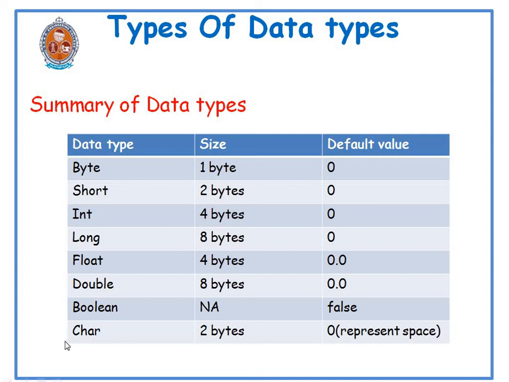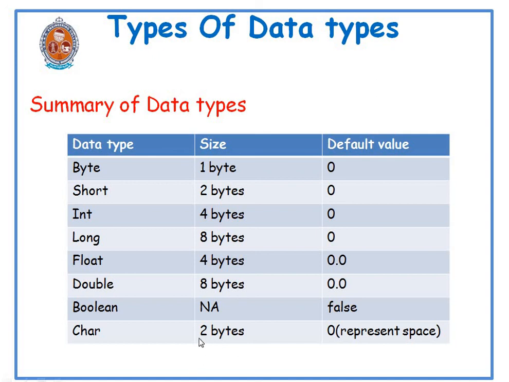Coming to the character data type, it occupies 2 bytes in Java. The default value is 0, where 0 represents the space character. In Java the character data type occupies 2 bytes, whereas in C and C++ it occupies only 1 byte, because in C++ characters are represented using ASCII values, whereas in Java characters are represented using Unicode.